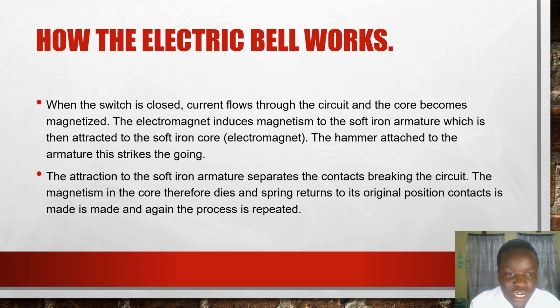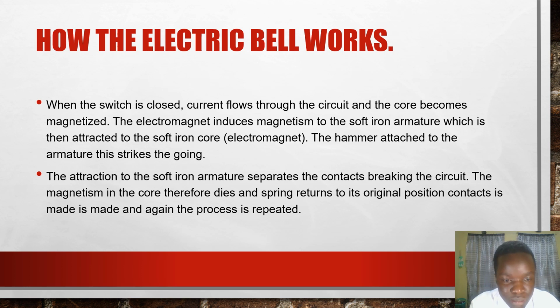The electromagnet induces magnetism in the soft iron armature, which is then attracted to the electromagnet. The hammer attached to the armature strikes the gong. The attraction of the soft armature separates the contacts, breaking the circuit. The magnetism in the core therefore dies, and the spring returns the armature to its original position.